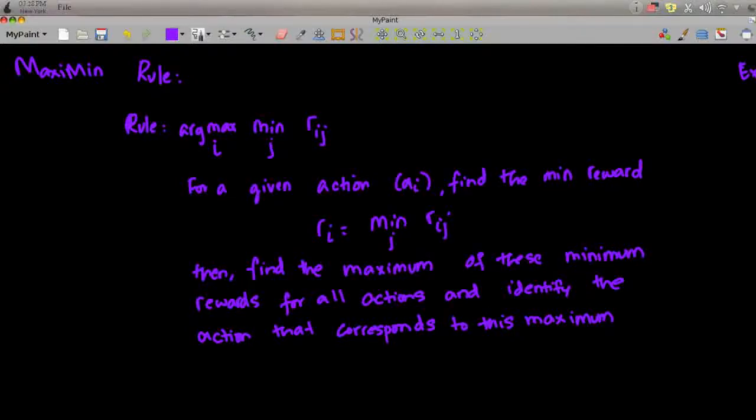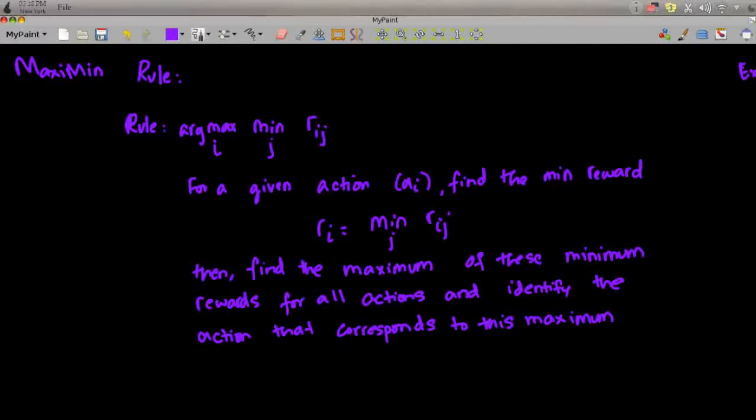Maximin rule. This is the first decision rule that I talk about. The rule is quite straightforward. Mathematically, you could state it as the argmax over all i's of the minimum over all j's of R_ij, which is the mathematical expression that you'd see up there.